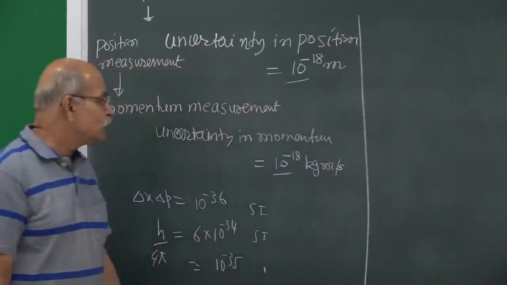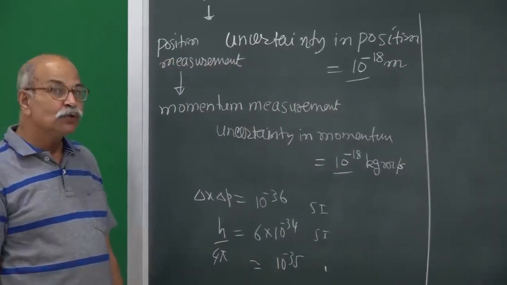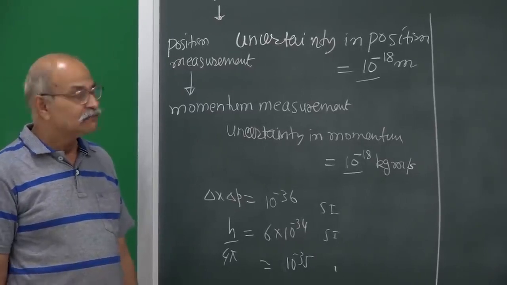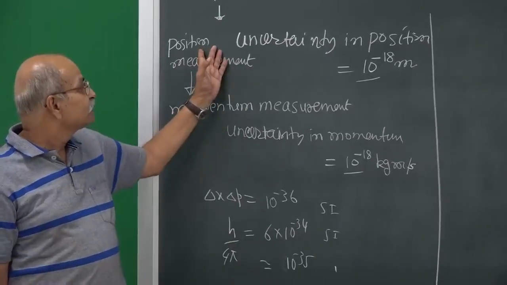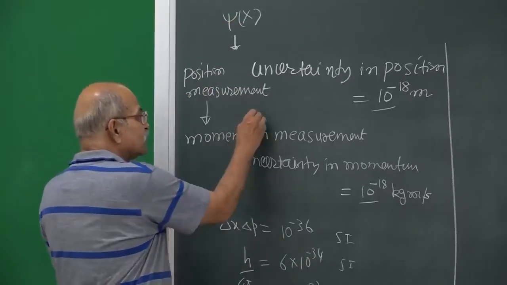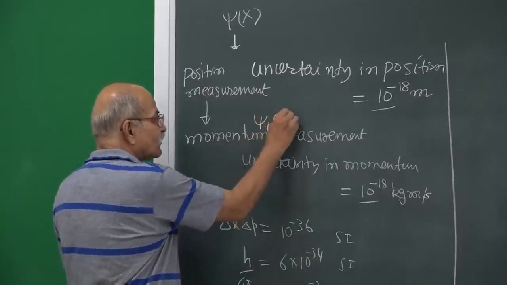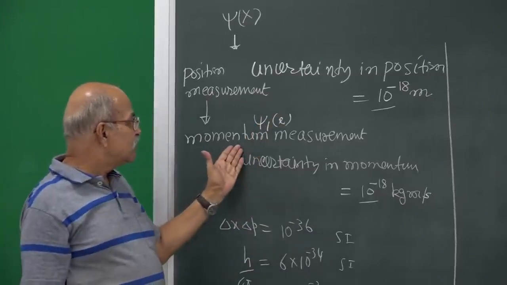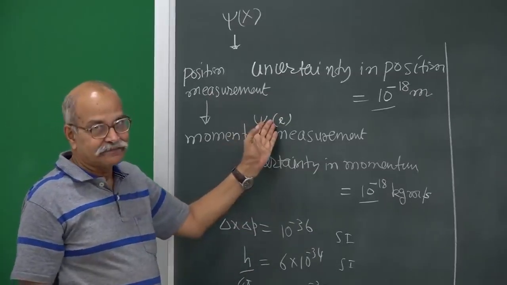Another kind of reasoning was that since they are in 2 different states, because when we measure the position the wave function changes from psi(x) to psi 1(x), and the momentum measurement is made on this state.